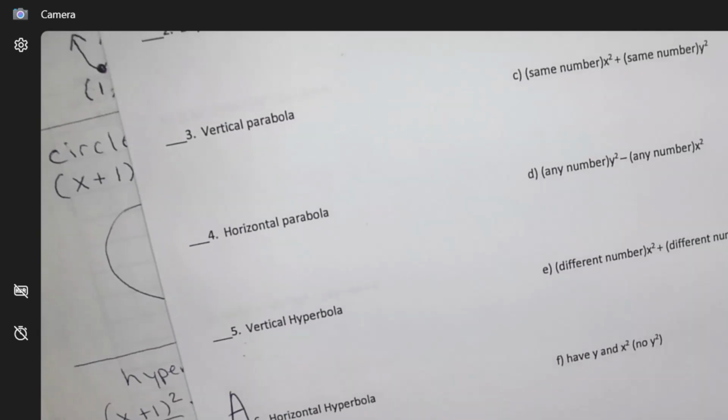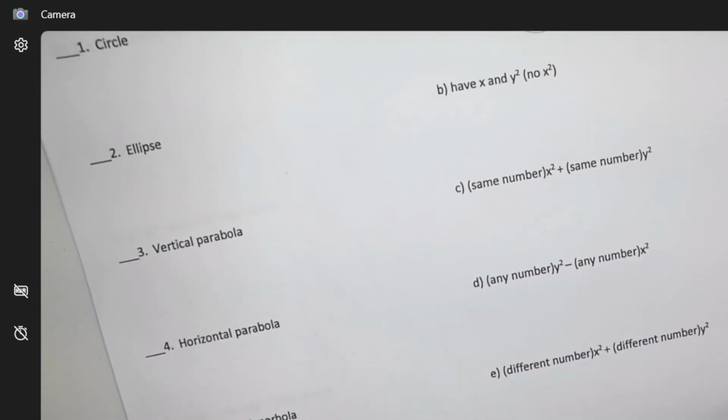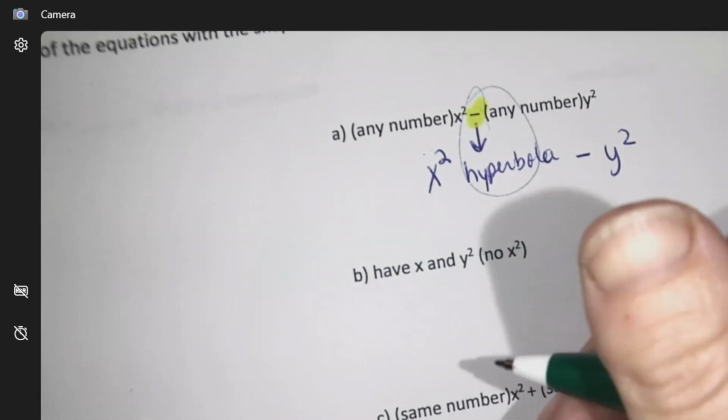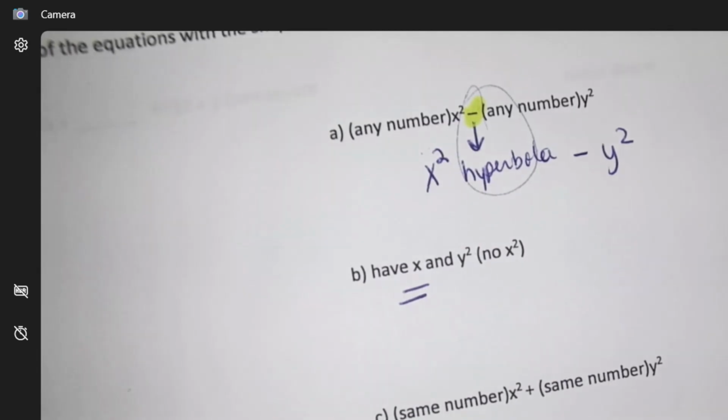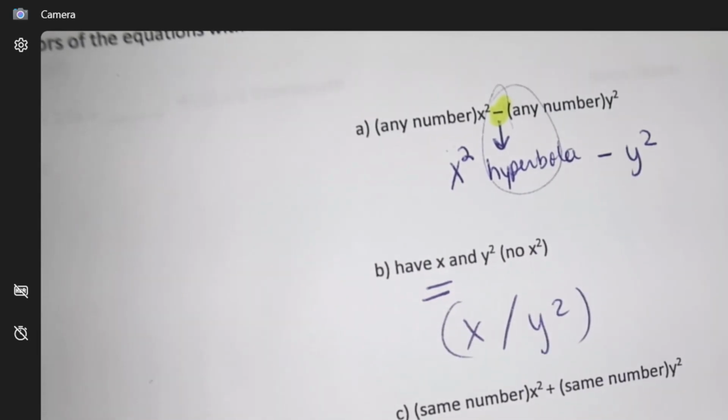Okay, there's my number 6 is A. Okay, B, you have x. You don't have x squared. So it's a parabola, for sure it's a parabola. So which kind is it?